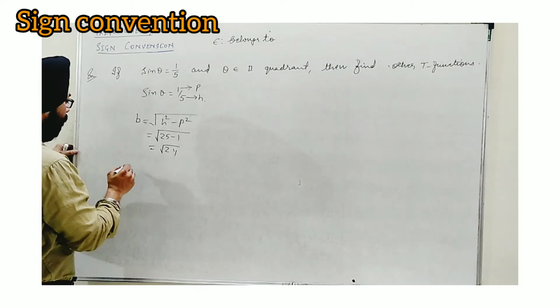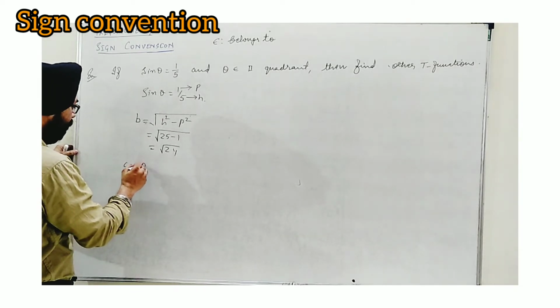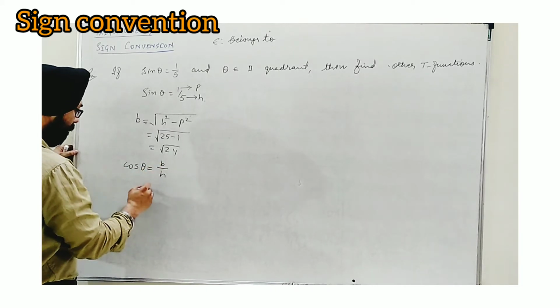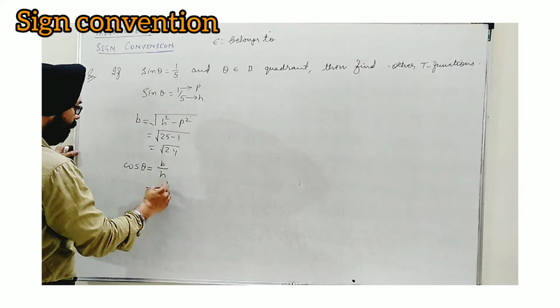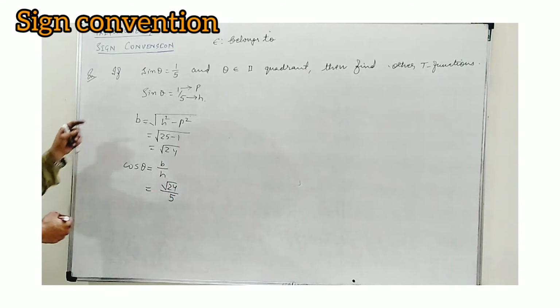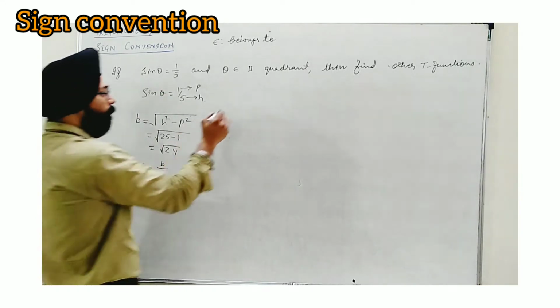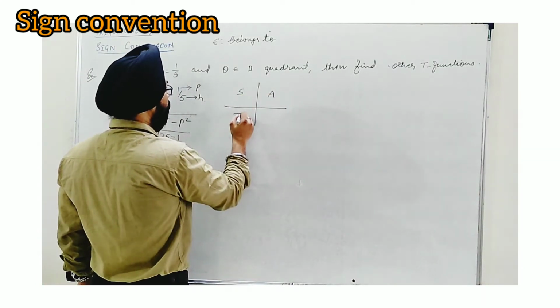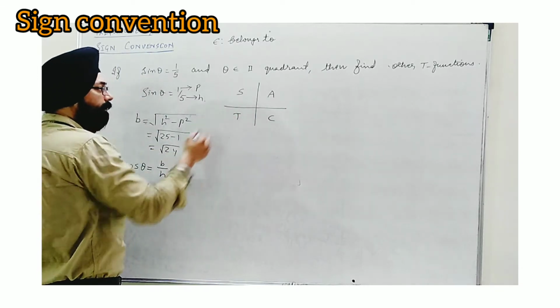Next, if I want to find cos theta, as we know, it is b upon h. B is root 24, h is given as 5, but we know that theta lies in the second quadrant. Now we have to be careful about the sign convention. A, S, T, C. Theta is in the second quadrant.